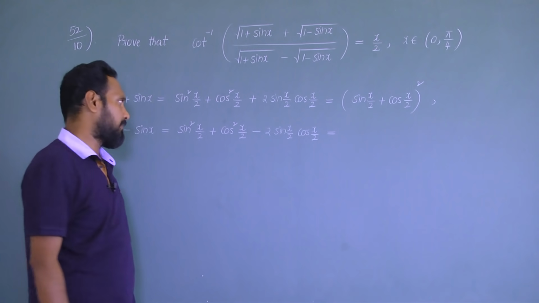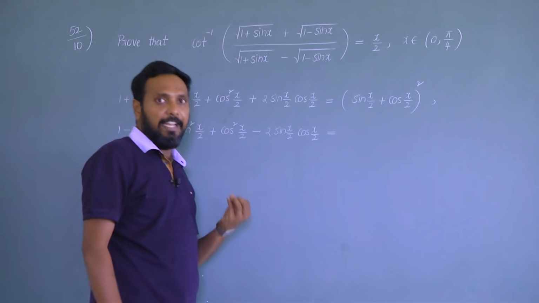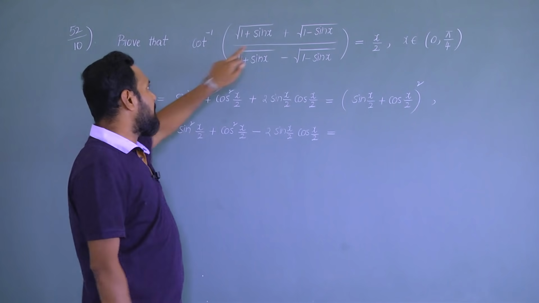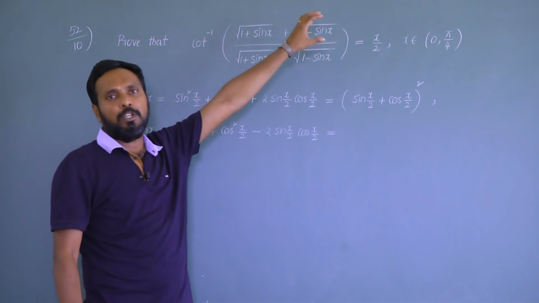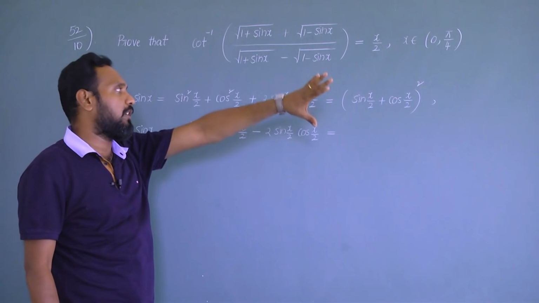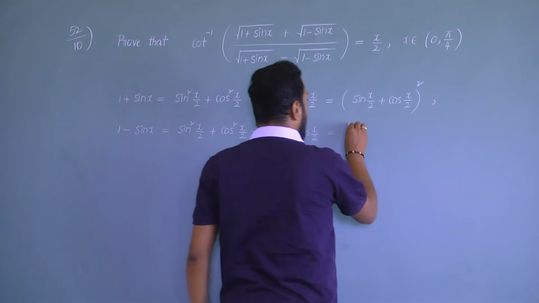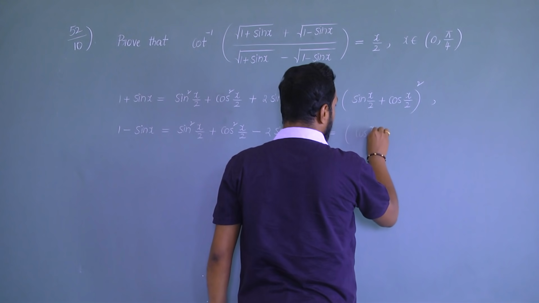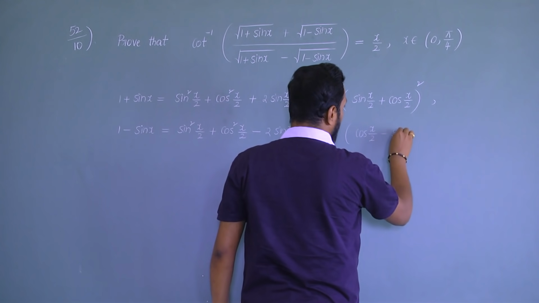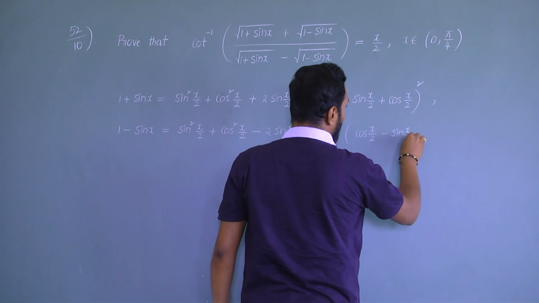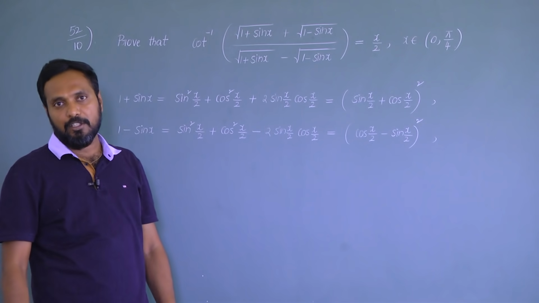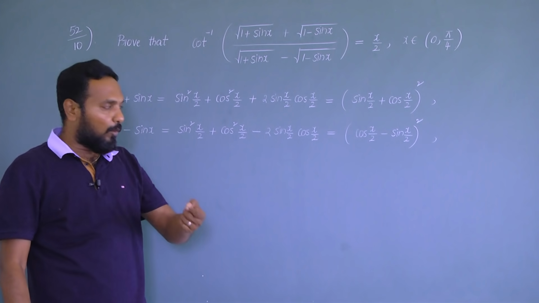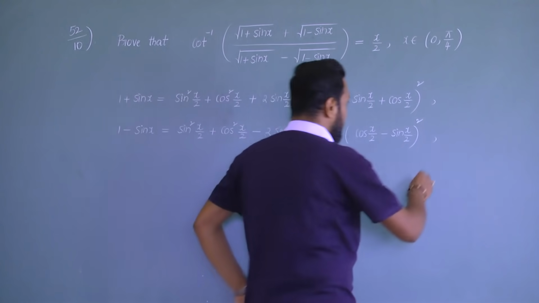Which one should I write? This term is present inside a square root, and the square root is defined only for positive real numbers. So I have to write compulsorily cos x by 2 minus sin x by 2 whole square, but not sin x by 2 minus cos x by 2 whole square. Why? Because of the reason that follows.